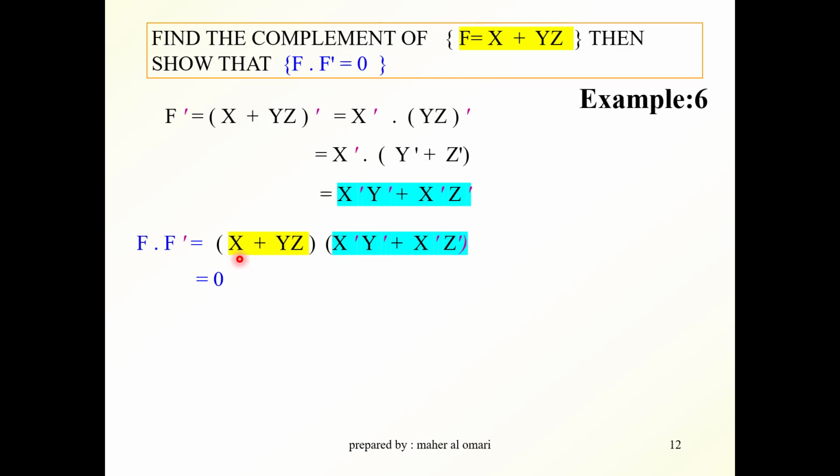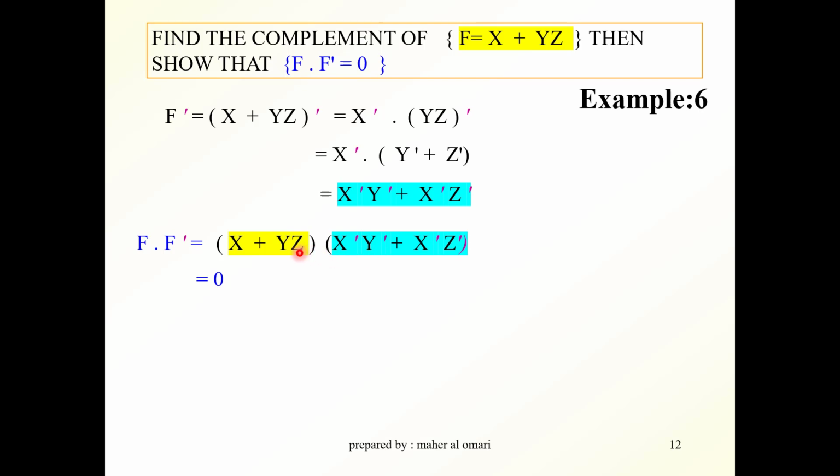Okay, notice that X ANDed with X bar is equal to 0. So this part of the term goes to 0. X ANDed with X bar goes to 0. So this is also equal to 0. Now if we AND this with this, we have Y ANDed with Y bar. That makes it equal to 0.